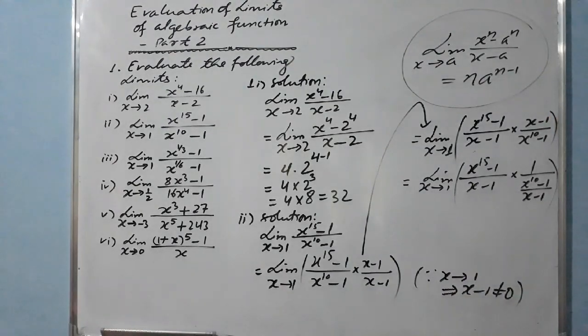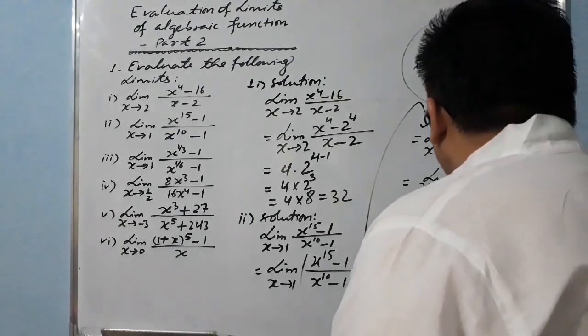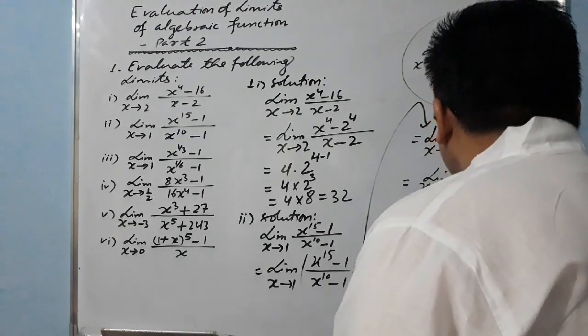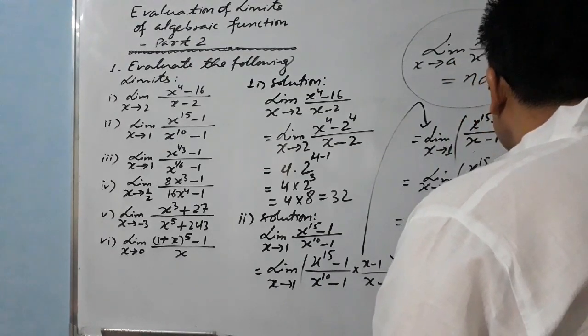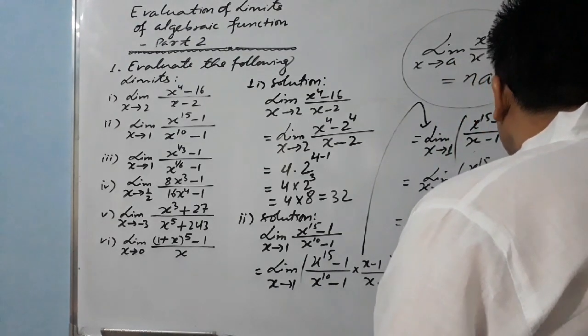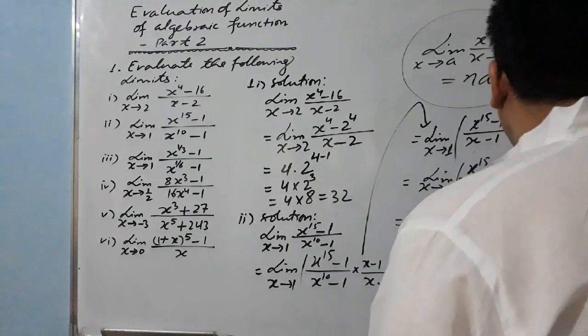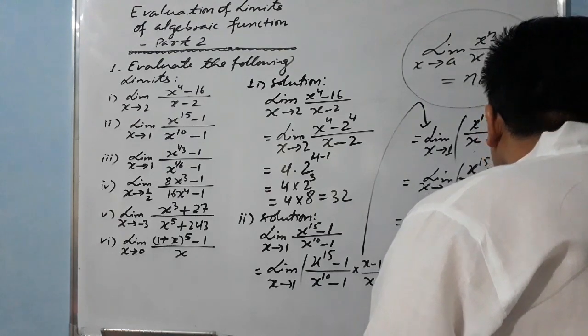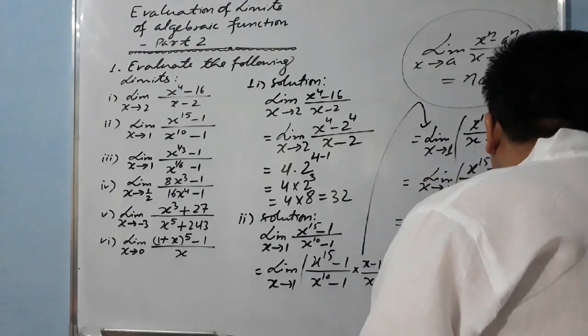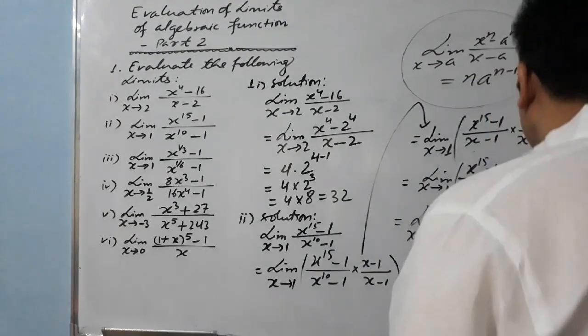Simple algebra: it is equal to the limit as x tends to 1 of (x raised to power 15 minus 1 upon x minus 1) whole upon, meaning this whole thing is divided by (x raised to power 10 minus 1 upon x minus 1). Clear everybody?